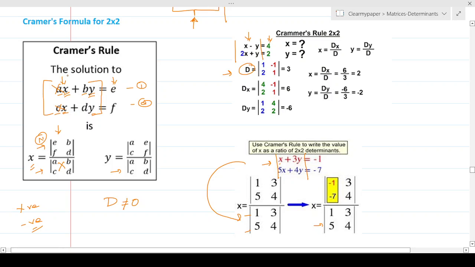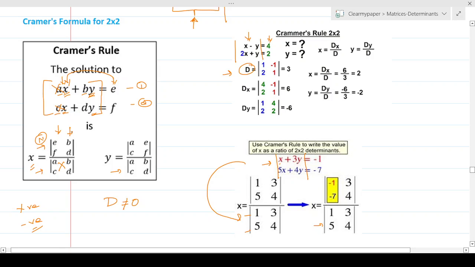So this e and f comes over here, and that's what this determinant is formed out of. And since we are going to find the value of x, only x is replaced, but we don't touch the y. The coefficients of the y variable, over here you see y and y, remain as they are.